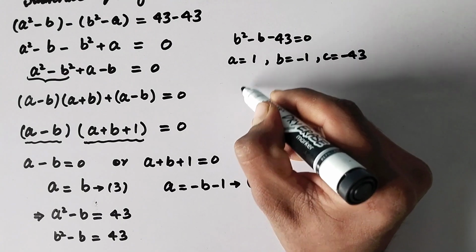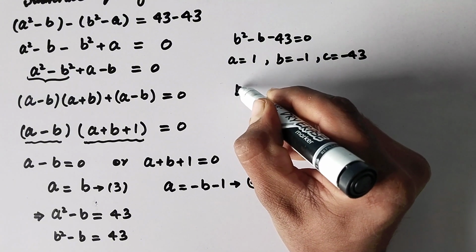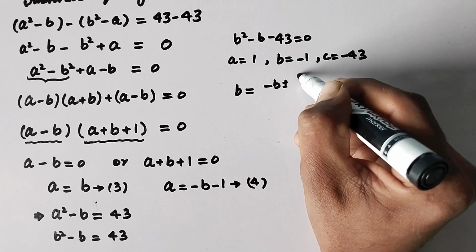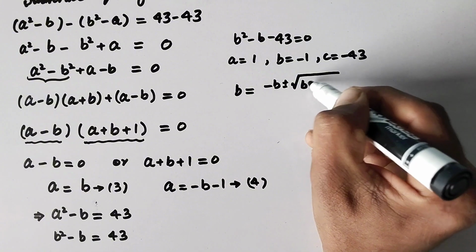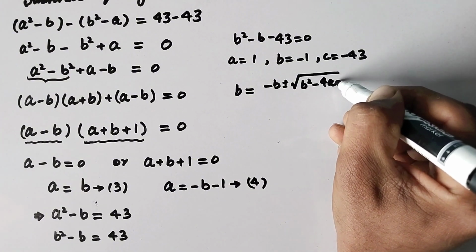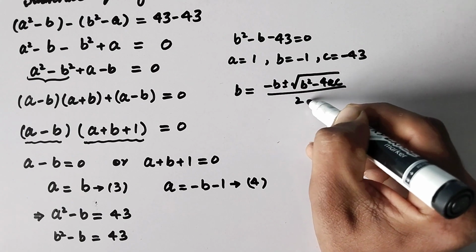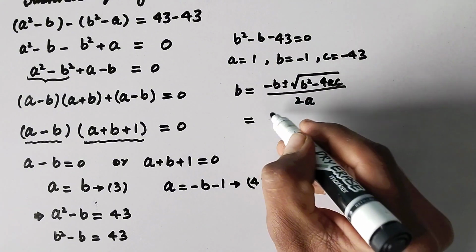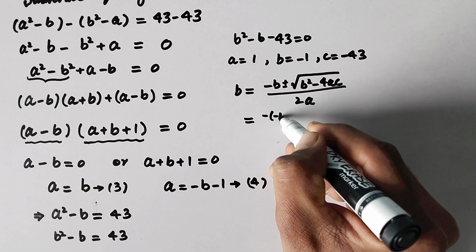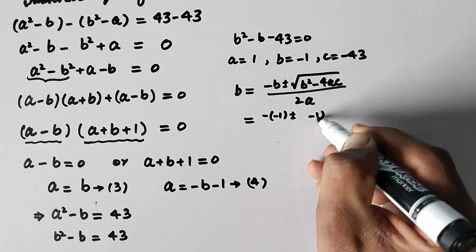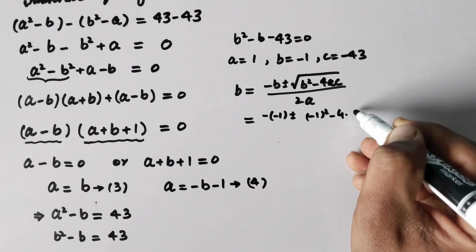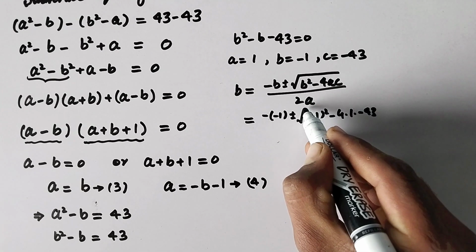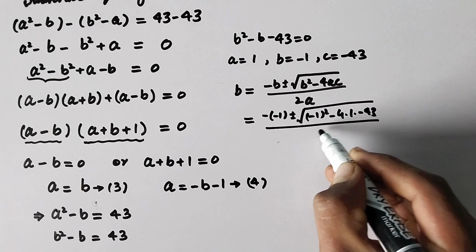So the quadratic formula for the value of b will be equal to minus b plus or minus square root of b squared minus 4ac over 2a, and by putting the values of a, b and c here, it will be equal to minus (minus 1) plus or minus square root of (minus 1) squared minus 4 times 1 times minus 43, over 2 times 1.